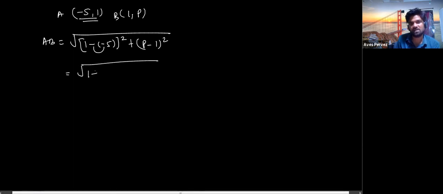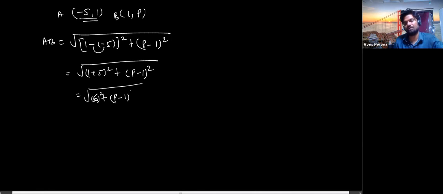So 1 plus 5 whole square plus P minus 1 whole square. So you will get under root of 6 whole square plus P minus 1 whole square. Okay, got it? Or still having some doubt?